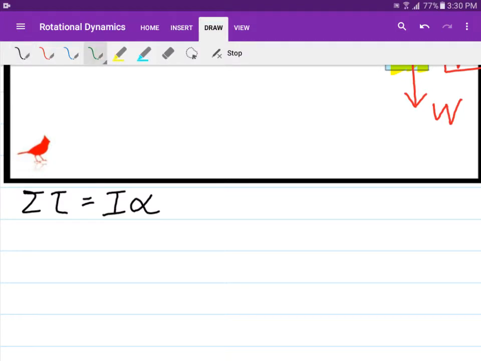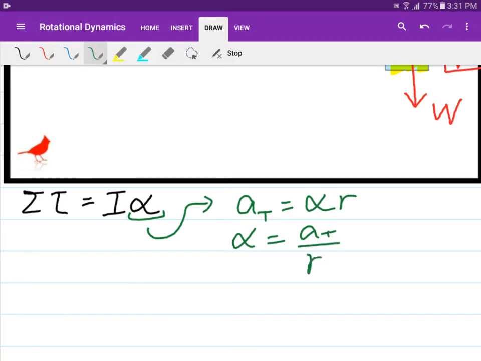This angular acceleration is defined by the tangential acceleration equals alpha times r, so we can define alpha to be our tangential acceleration over r.